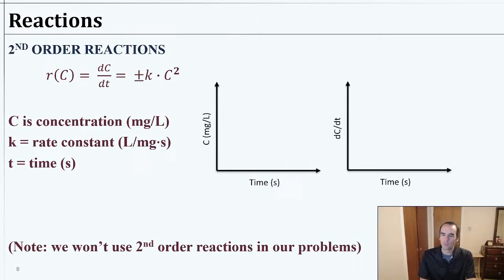Okay, second order reactions, we're not going to use these very often, and the math gets a little bit more difficult to use them, so we'll keep them relatively simple when we do encounter them. But you should be able to see it, distinguish it, and understand kind of what's going on. And to be honest, there are not too many cases in the real world where we have second order reactions.